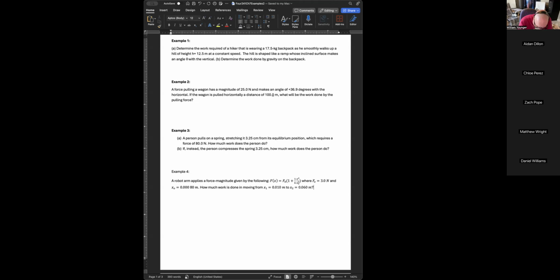So now let me write down example 2. I'm just going to write down the data and then I'll share my iPad screen with you again. So this is example 2. What we have is a force that's doing the pulling that is 25.0 newtons, and the angle theta is positive 36.9 degrees, and the distance traveled D is 100.0 meters.